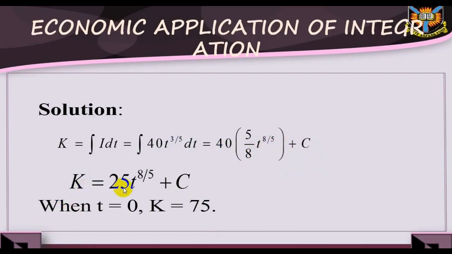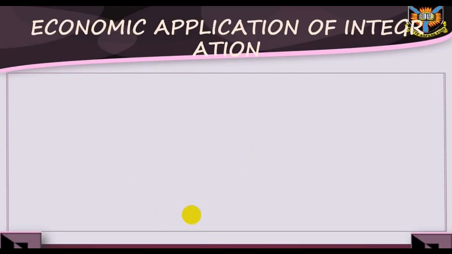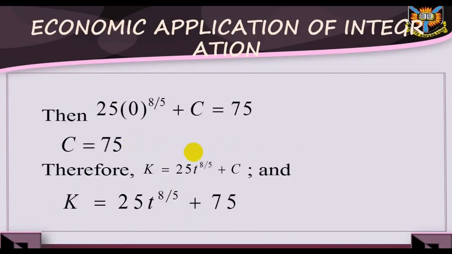K equals 25t to power 8 over 5 plus c, where t equals 0 and K equals 75. Then 25 of 0 to power 8 over 5 plus c equals 75. C equals 75. Therefore, K equals 25t to power 8 over 5 plus 75.